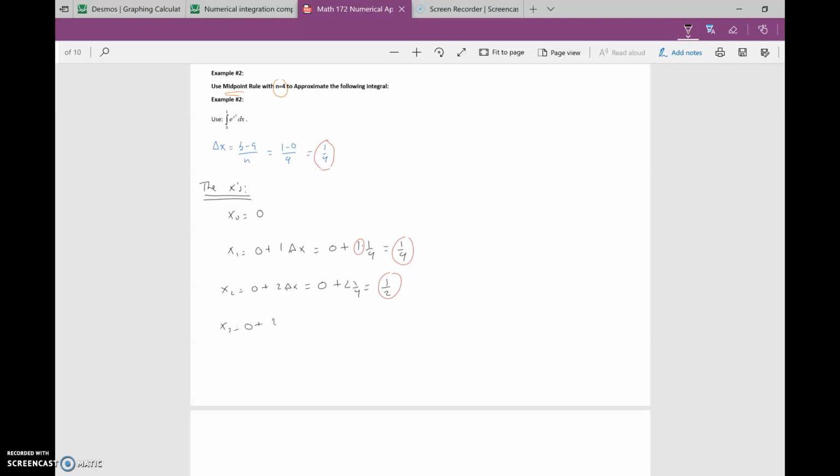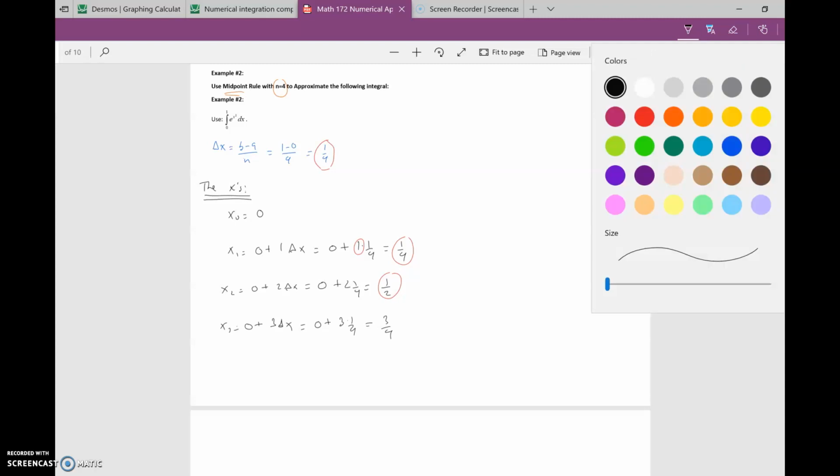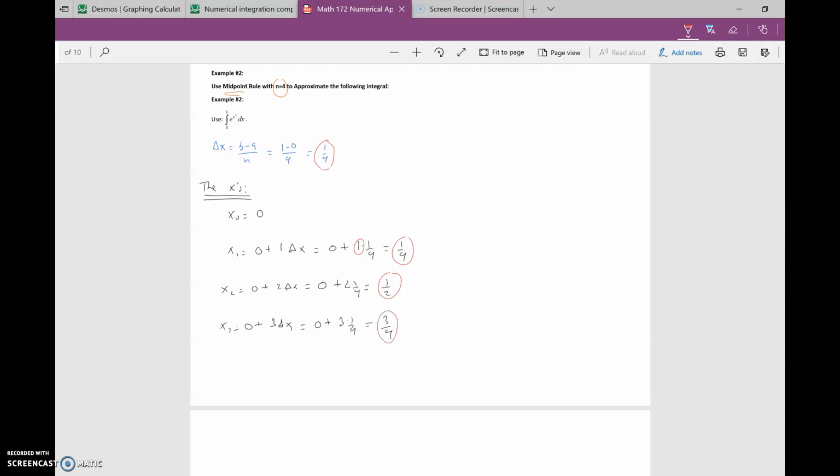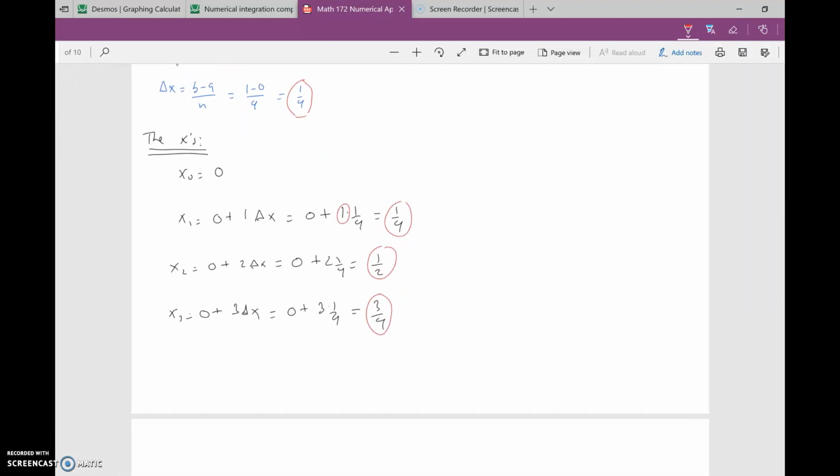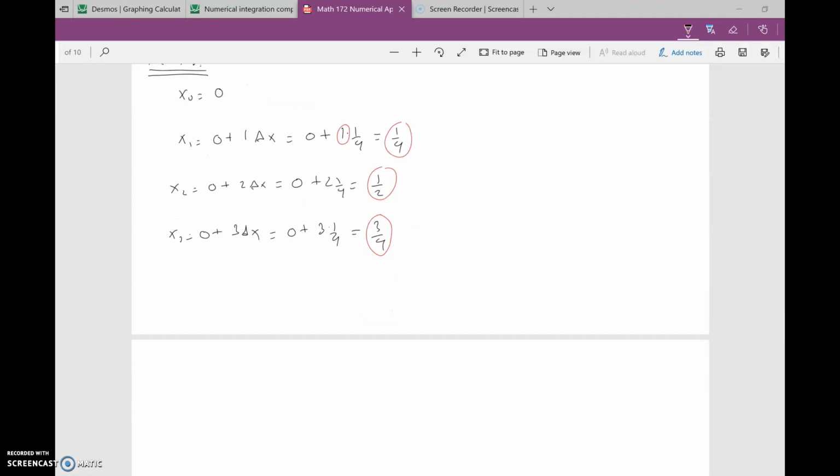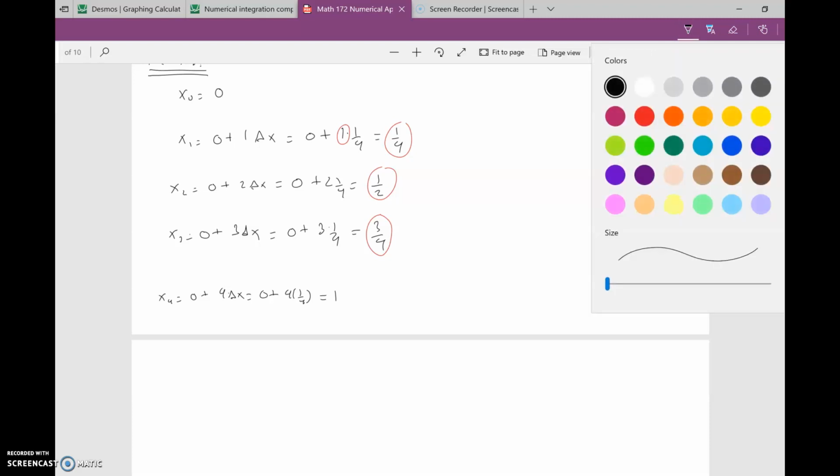This is 0 plus 3 delta x, which is 0 plus 3 times a fourth, or 3/4. The last of the subintervals, this is how we know that we didn't make any mistakes. You're going to end up at b. So this is 0 plus 4 delta x, or 0 plus 4 times a fourth, or the value of 1.